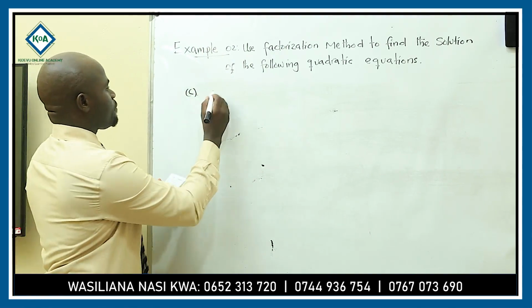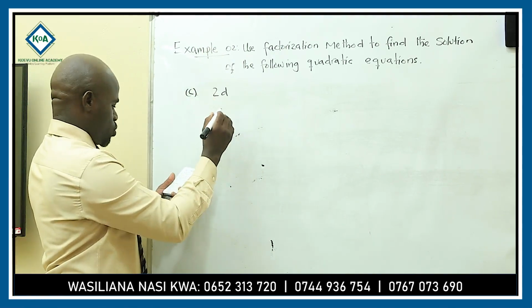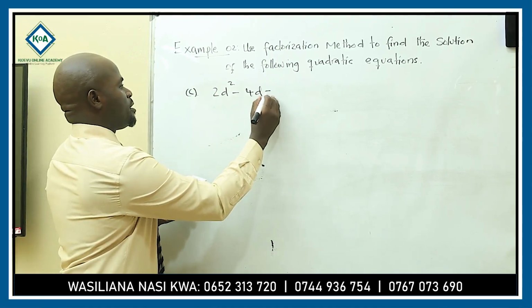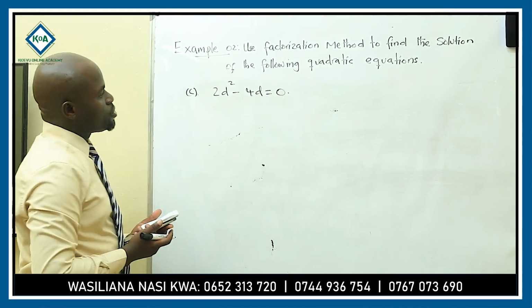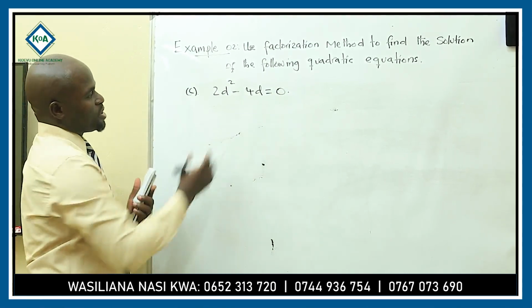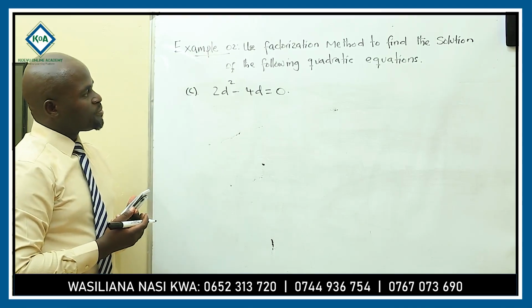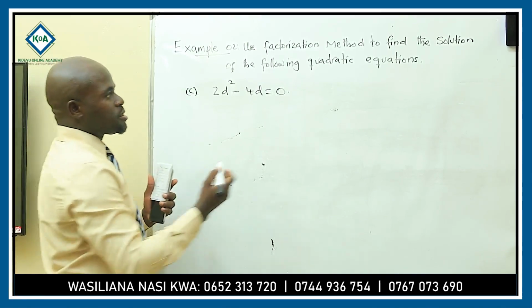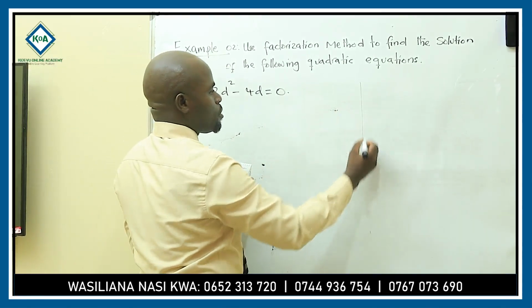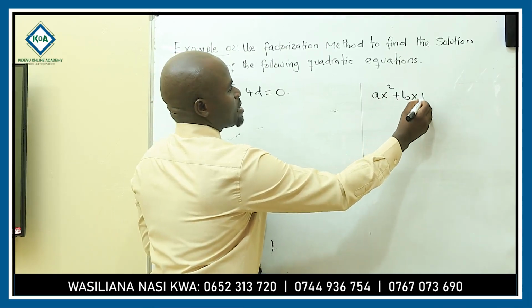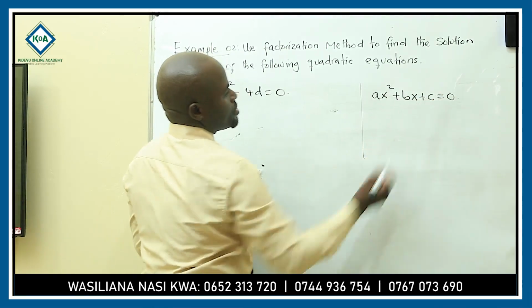Number C, we have, for example, 2d squared minus 4d is equal to 0. Now, if you see this question, we know quadratic equations are always written in this form, which is ax squared plus bx plus c is equal to 0.